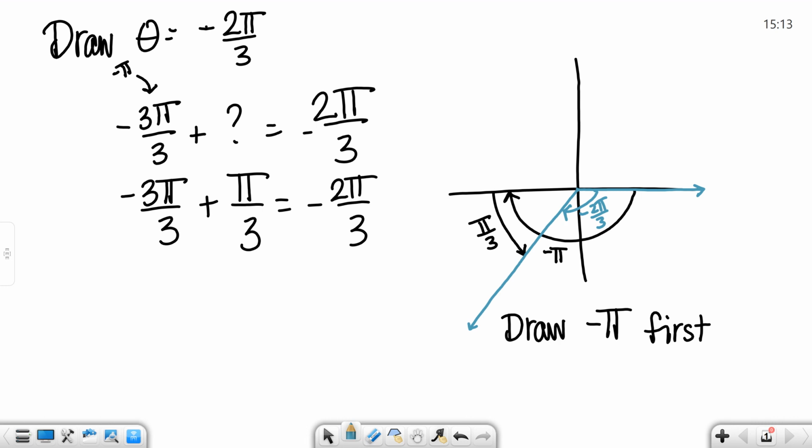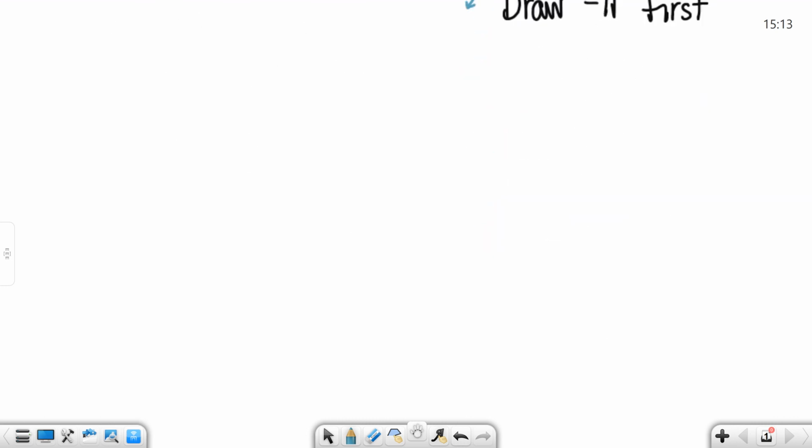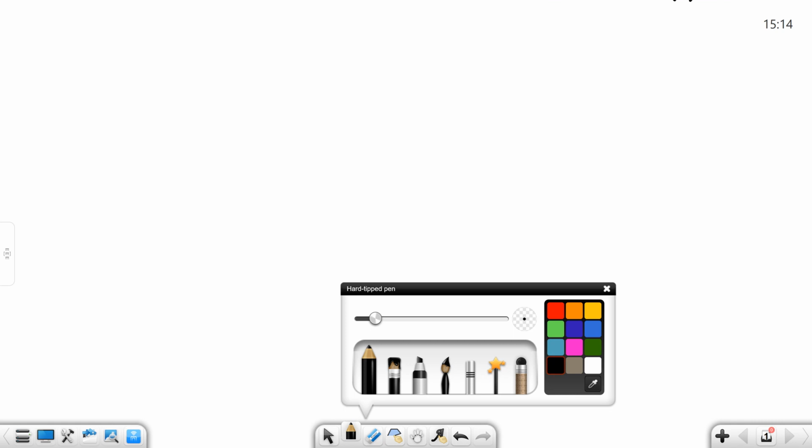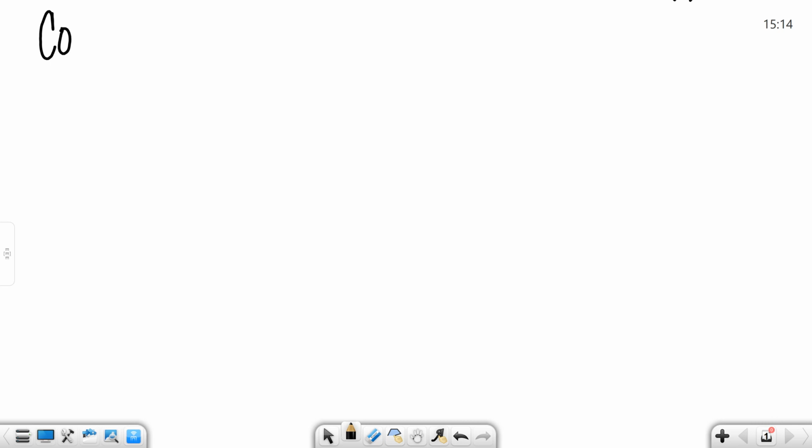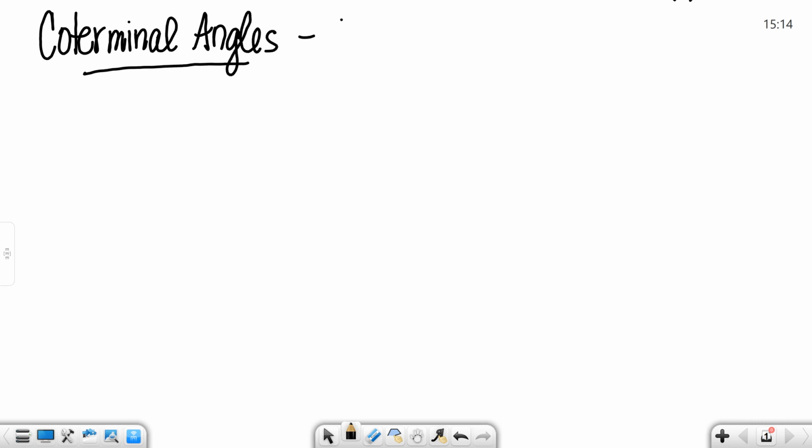Okay, next idea, which also happens to be the last idea, has to do with some more vocabulary. They're called coterminal angles. Coterminal angles are two angles.